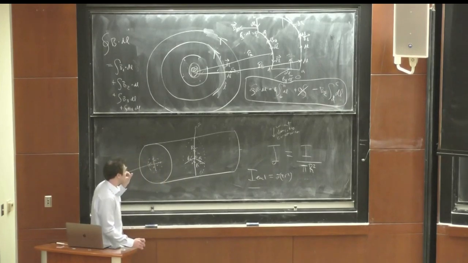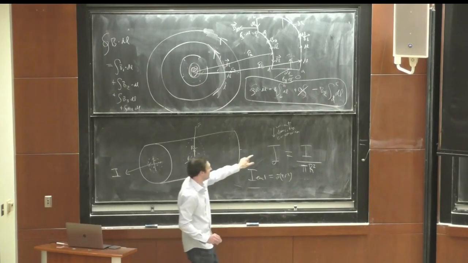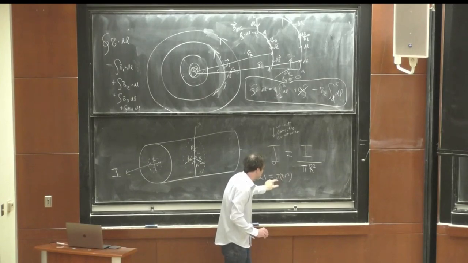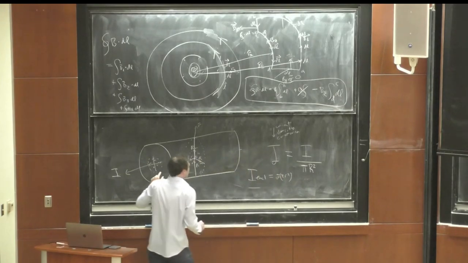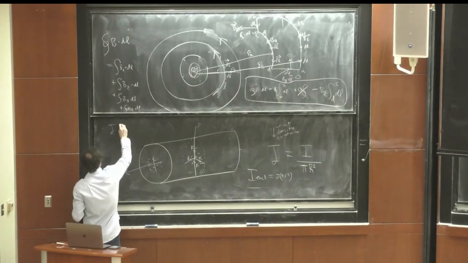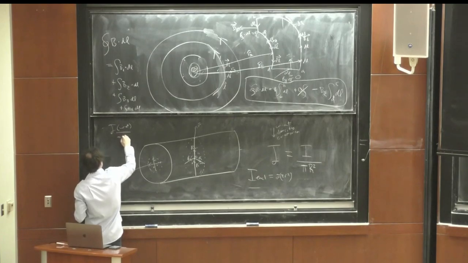Well, if j represents the current per unit area, pi r squared represents the area. So j has units of current per area.